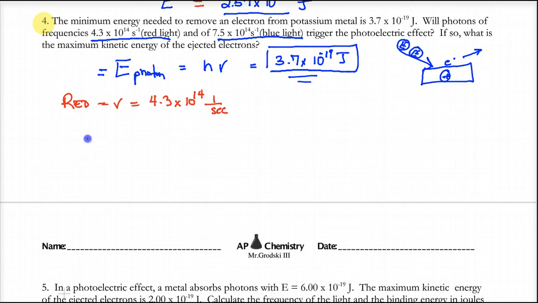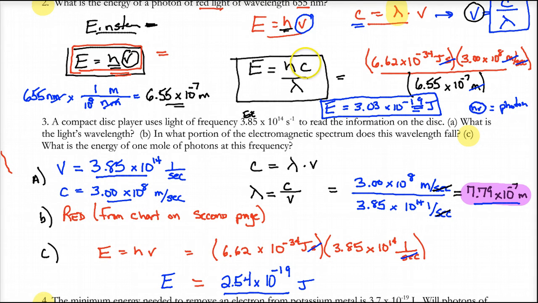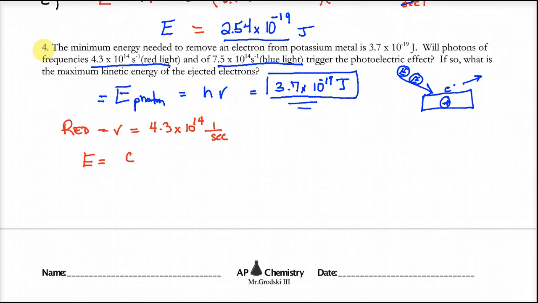So energy, as we talked about before, if I combine it together, is equal to Planck's constant times c over wavelength, or you could solve for the wavelength. But in this case, no, they just gave me the frequency. Sorry, I'm thinking way too hard here. Energy is equal to Planck's constant times the frequency. So let's do that. 6.62 times 10 to the negative 34.